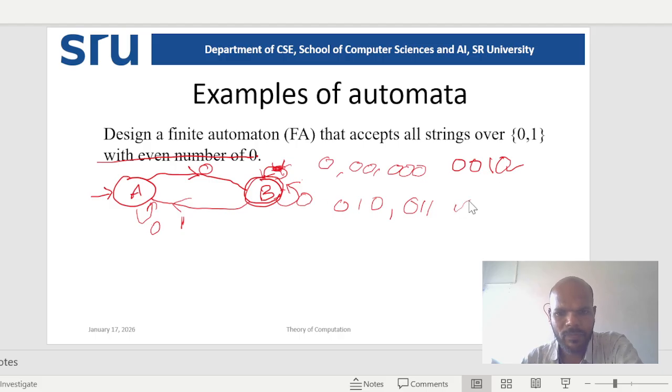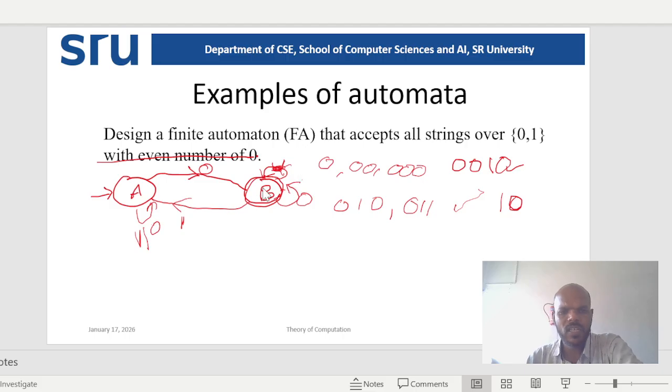Check one more: 1 0 1 0 should get accepted, right? Is any transition existing from the starting state on 1? No, it is not existing. So you can insert 0 or 1 here as well.